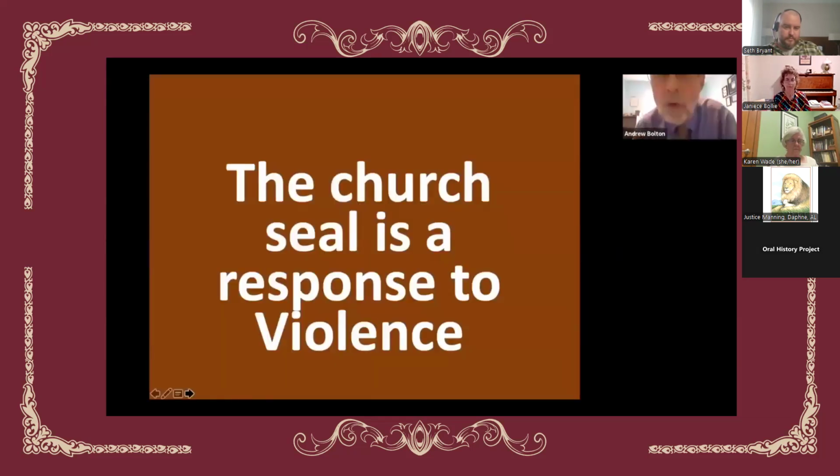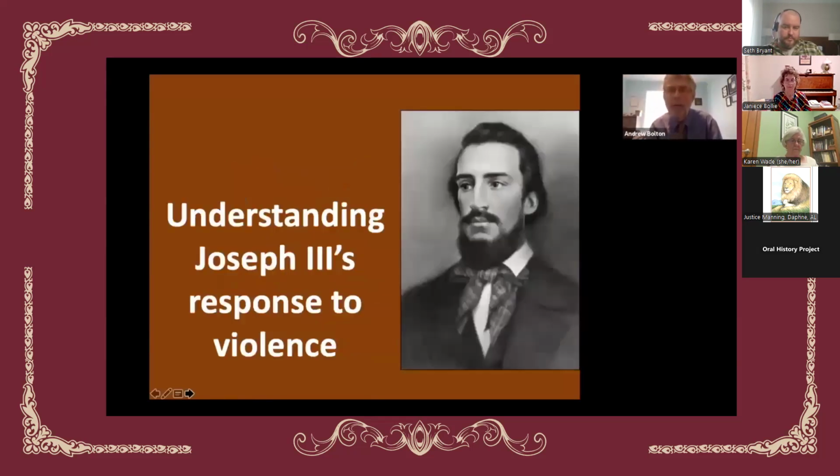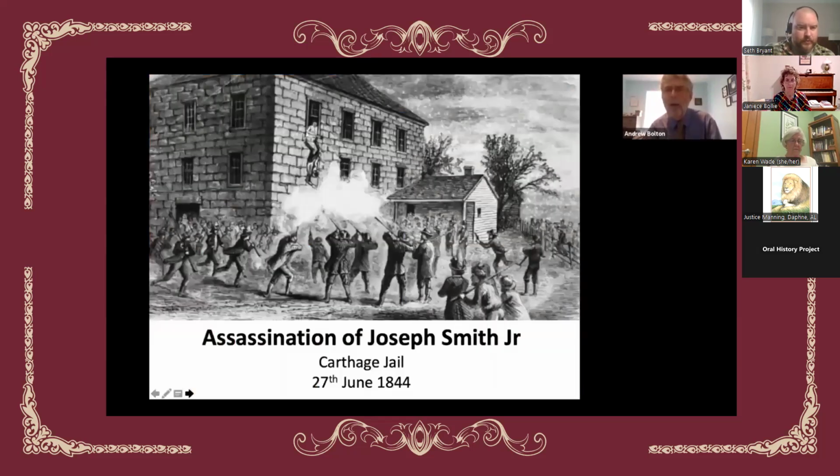So I want to explore the church seal as a response to violence. And I want to understand Joseph III's response to violence. You know the story of the assassination of his dad and uncle Hiram, Carthage jail, the 27th of June, 1844.